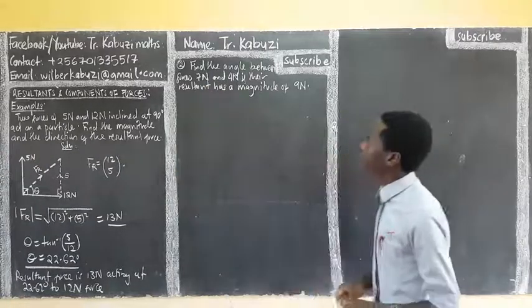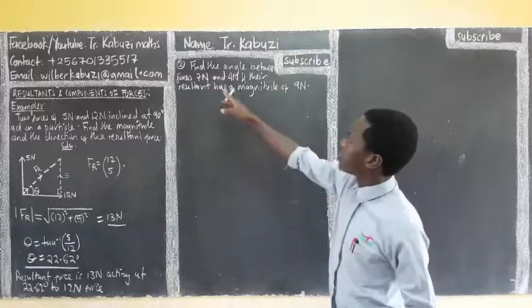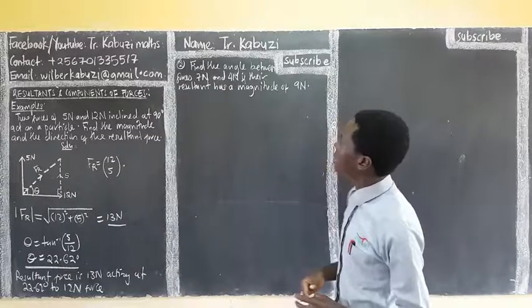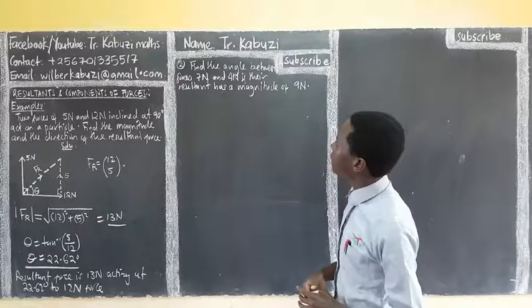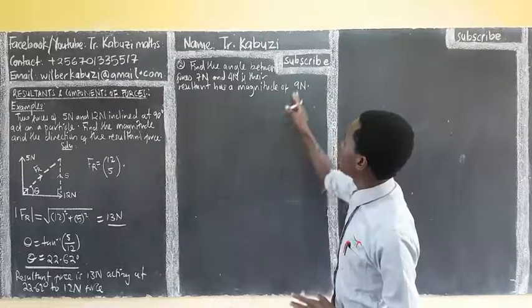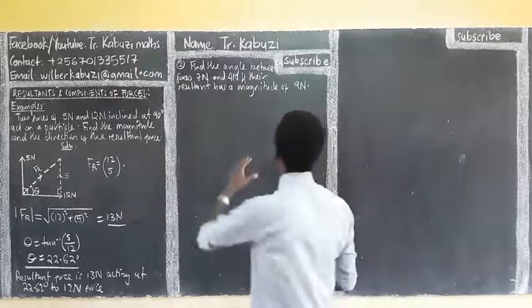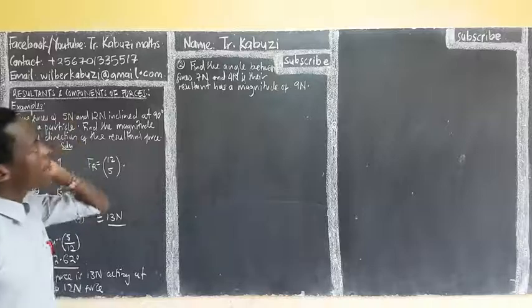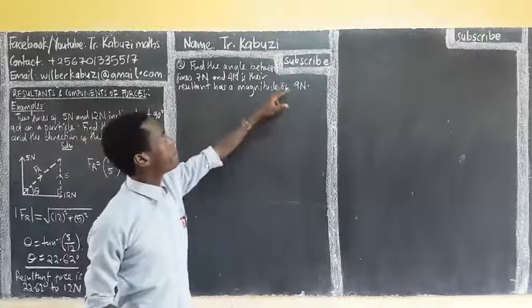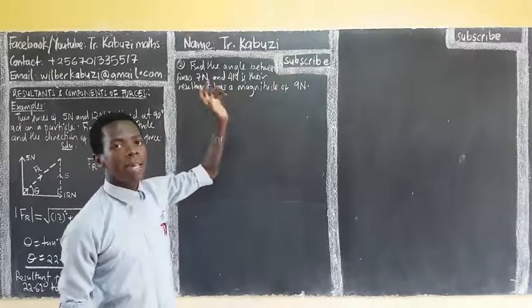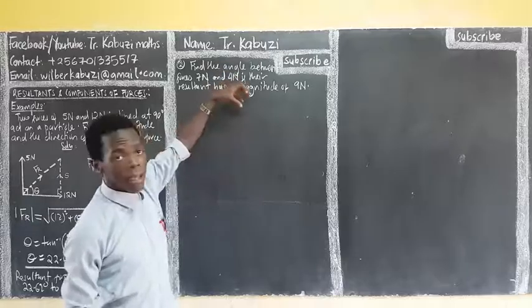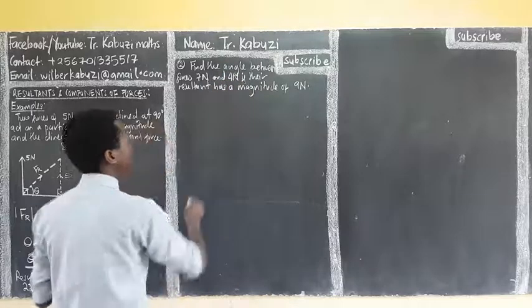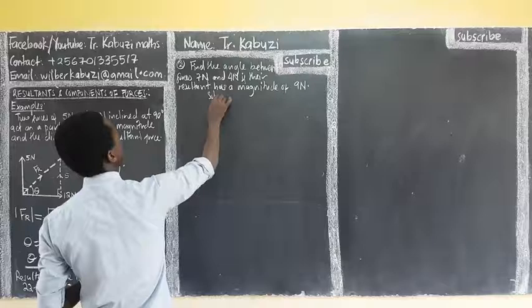Find the angle between the 7 and the 4 newton forces if the resultant has a magnitude of 9 newtons. Now here you see the moment that the resultant is bigger than the two components, that always means that the angle is acute. So let me make that as a note.